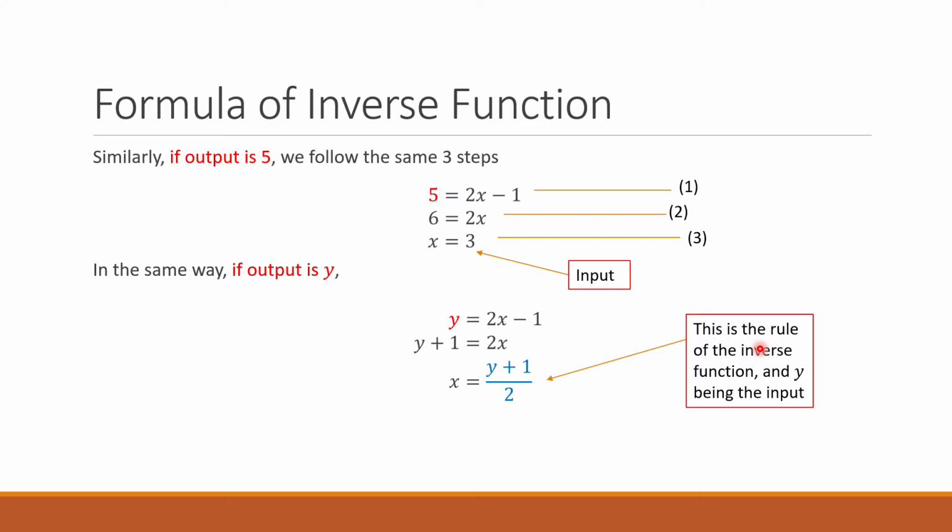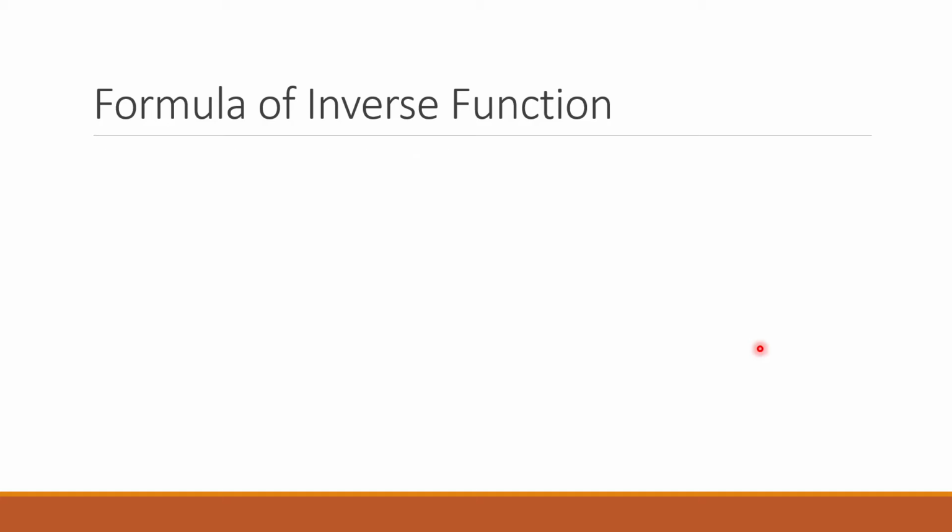The inverse function will follow this rule to undo the effect of the original function f. So my inverse function, if I input y, will follow this rule. It will take y plus 1 divided by 2. This is the formula of the inverse function.